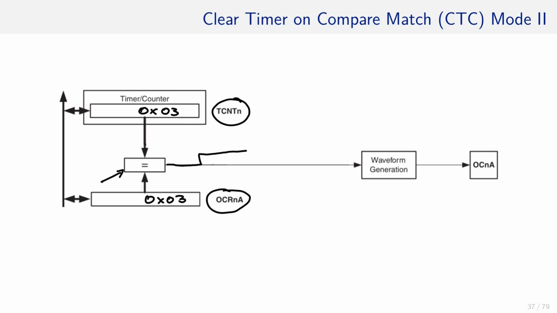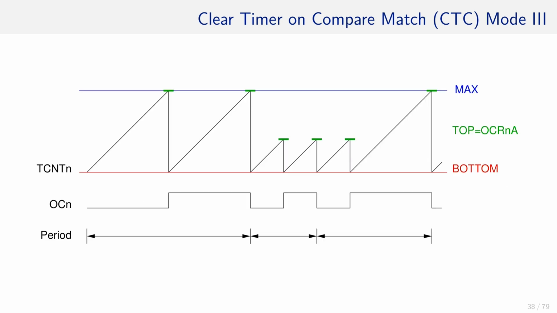In addition, the same equality signal goes into the waveform generator, which in turn is connected to a pin called OCRnA. What does the waveform generator do with that signal? It can be used to generate a waveform on this pin. Whenever the top value is reached, the pin toggles.